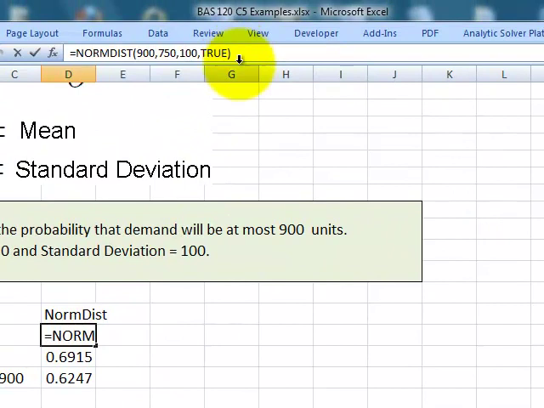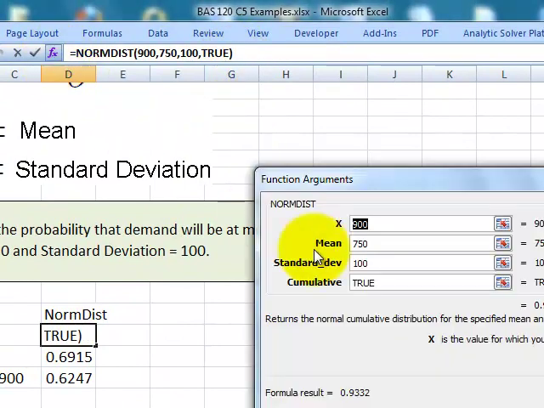Now, since we've got a normal distribution, we'll use NORM.DIST within Excel. And you need to learn these tools: NORM.DIST for normal distribution, Poisson for Poisson distribution, binomial for binomial distribution. They tell us our x is 900, the mean is 750, and the standard deviation is 100.